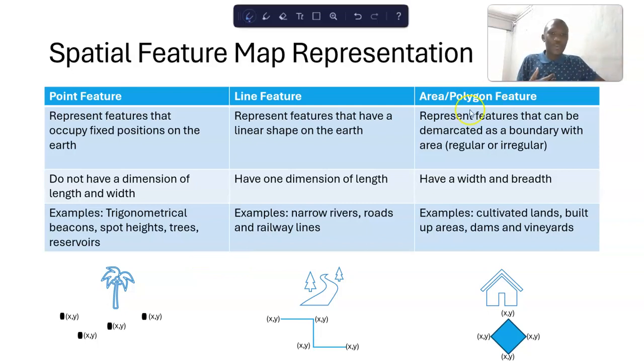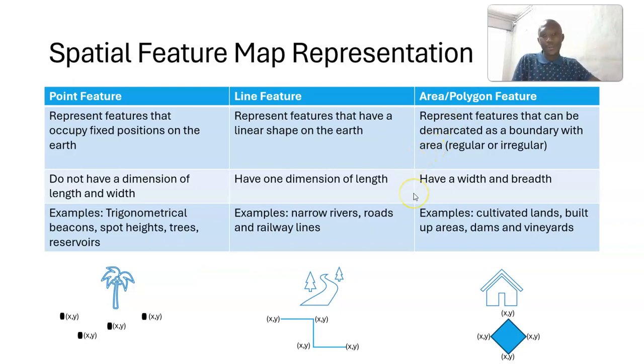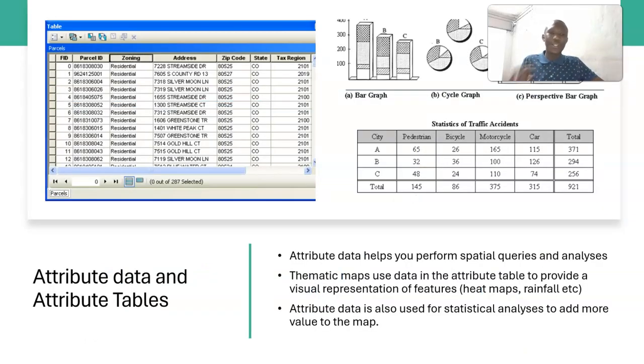So moving from that, we are now going to look at what attribute data brings to the GIS system. Right, so attribute data is not just there for you to know what information is there. It's actually used for a variety of things that help us make decisions with the data.